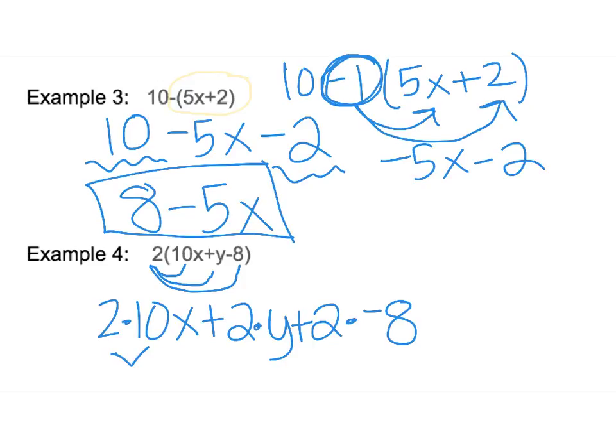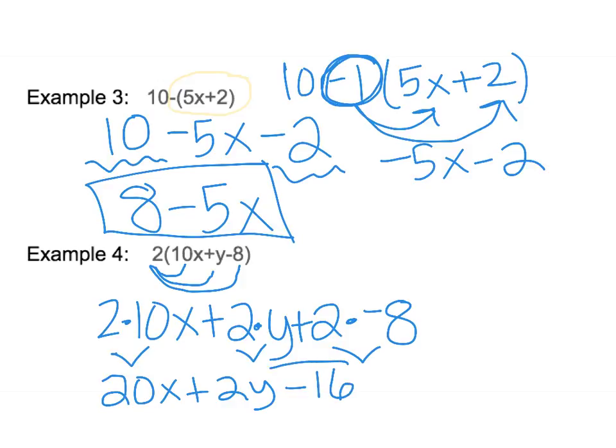And then we'll do all that multiplication. So 2 times 10x gives us 20x. 2 times y gives us 2y. And 2 times -8 gives us -16. So we'll make that a minus 16.